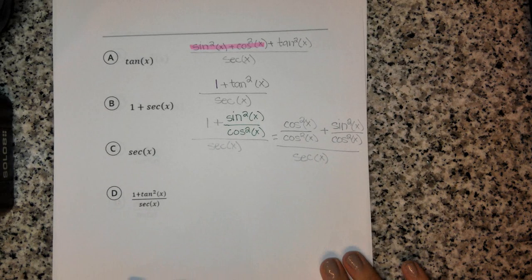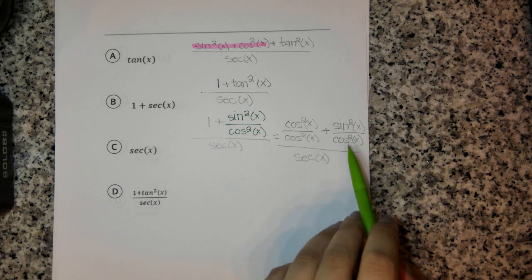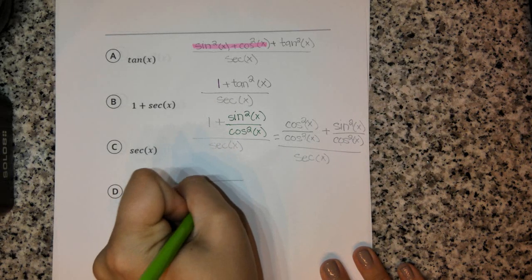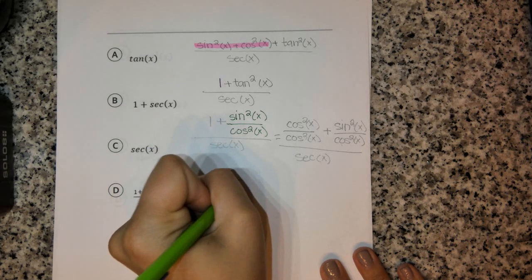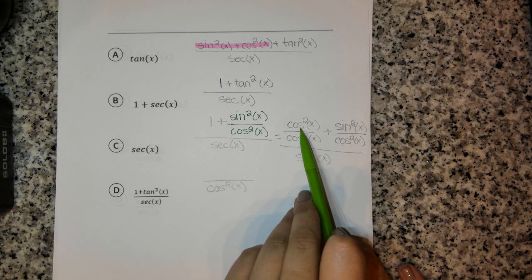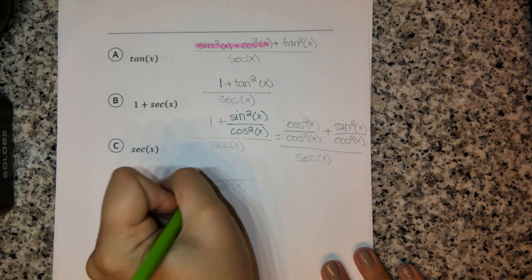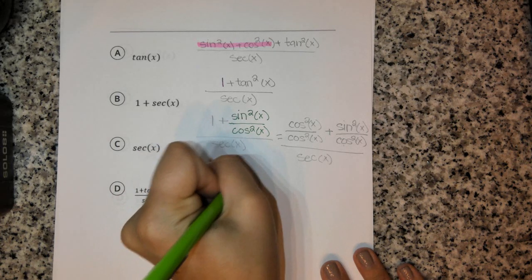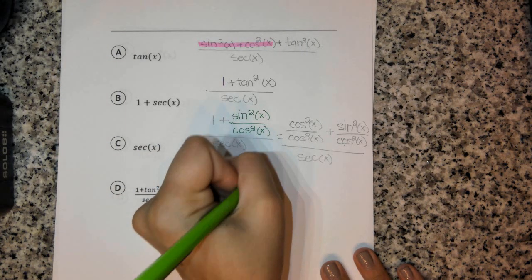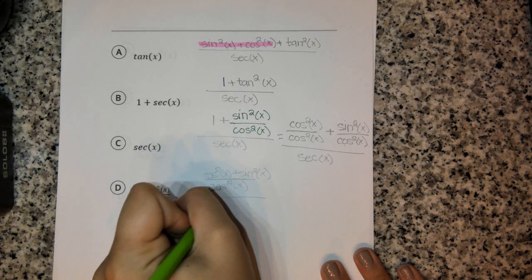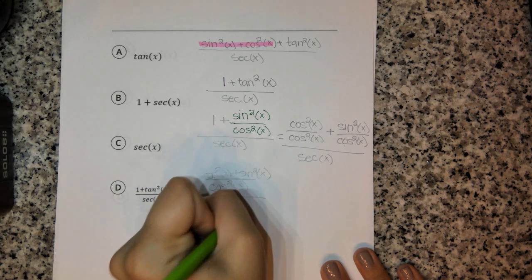Okay, so now that I have my fractions, I can go ahead and add these. Okay, the denominator stays the same. It's cosine squared of x. On top, I have cosine squared of x plus sine squared of x. Still being divided by secant of x.